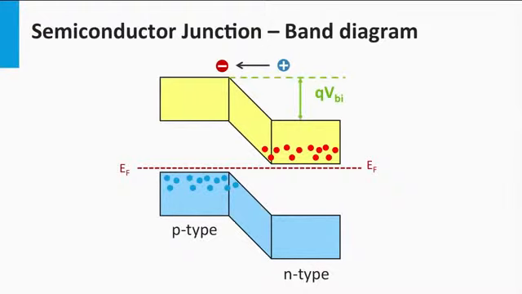The energy change across the depletion zone is equal to q times VBI. q is the charge of the hole or electron. VBI is the built-in voltage over the depletion zone. This slope will make the minority electrons move from the p region to the n region, whereas the minority holes in the n region will go up the slope of the valence band to the p region.